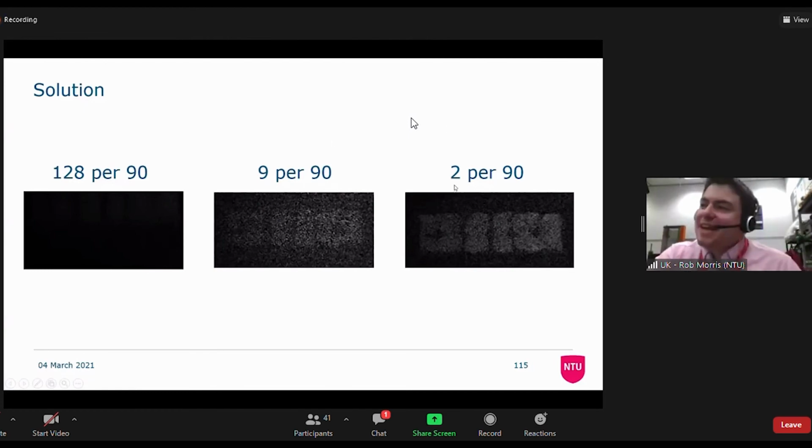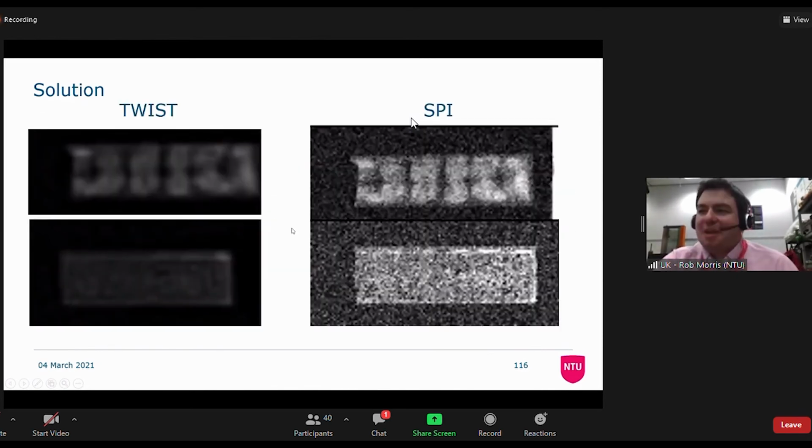If you then drop it down to 2 points in k-space per excitation, you can make out that there's an actual thing there. At this point, we're only twice quicker than we would be if we'd not bothered to use an EPI at all. So kind of wondering why we bothered. And actually, the solution is to use sequences which are meant to be done on things with short relaxations.